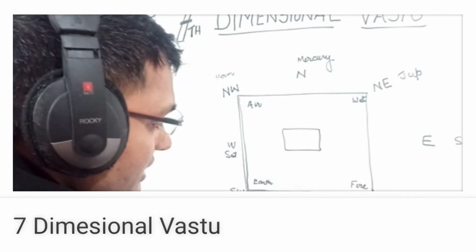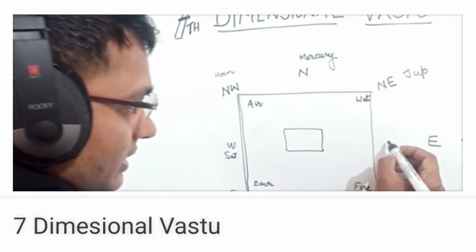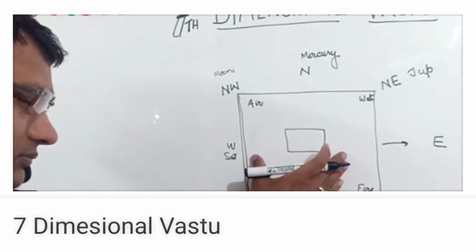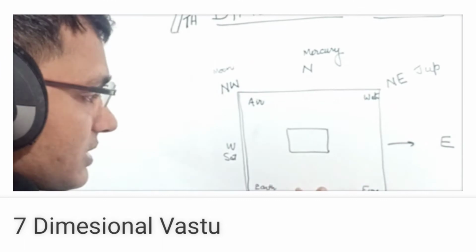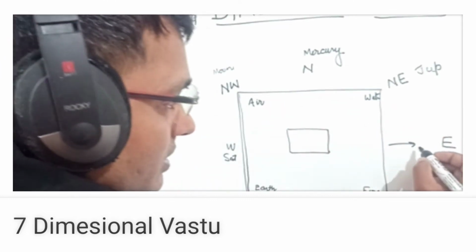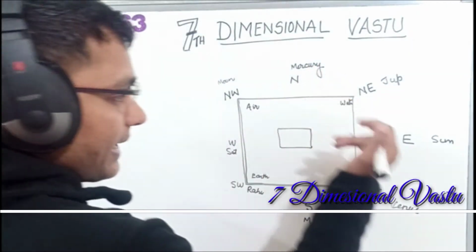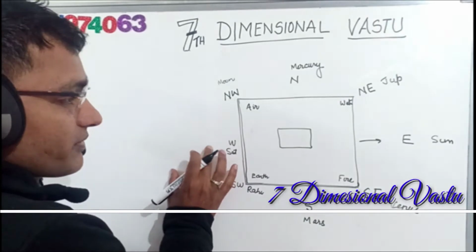Here, if you see this drawing, it's a very simple drawing where this is the east direction. In geography also, when we study any drawing or structure, we always keep the upside as north, your right side as east, and your left side as west.